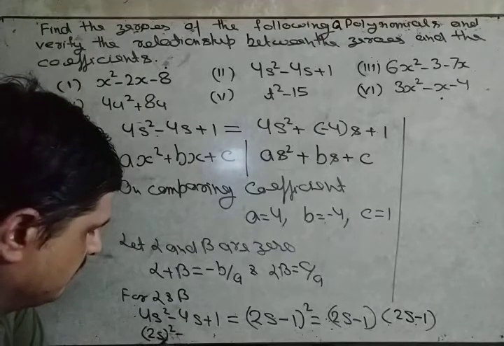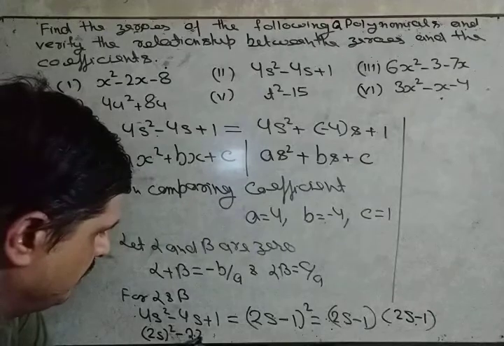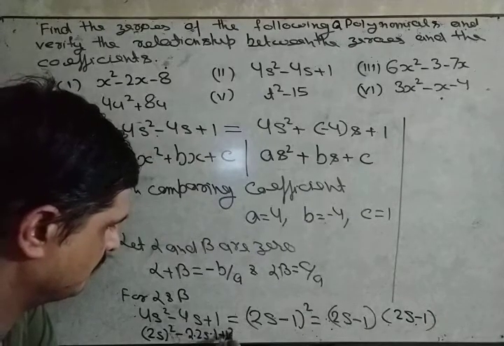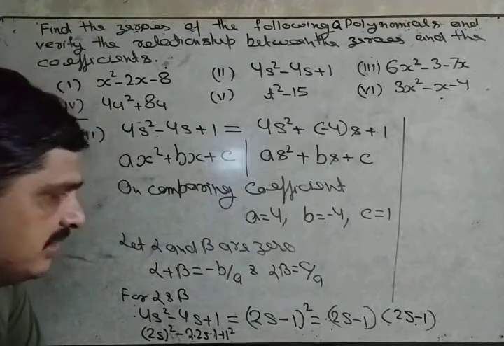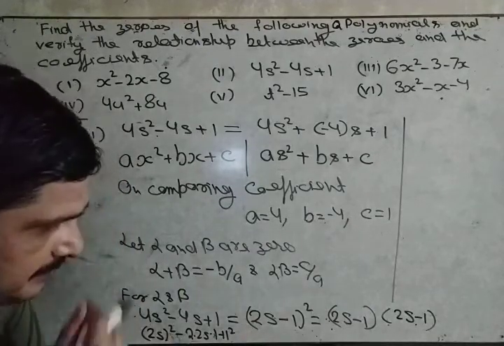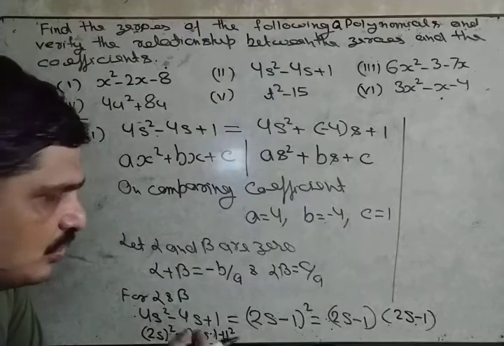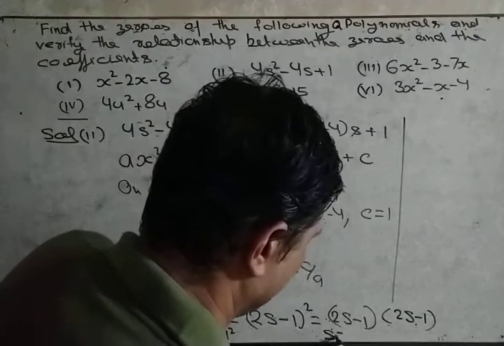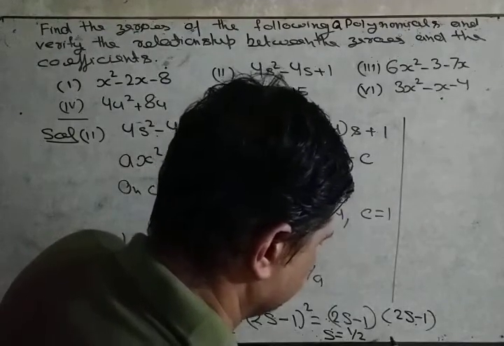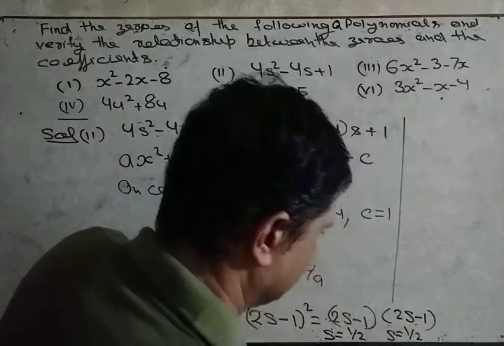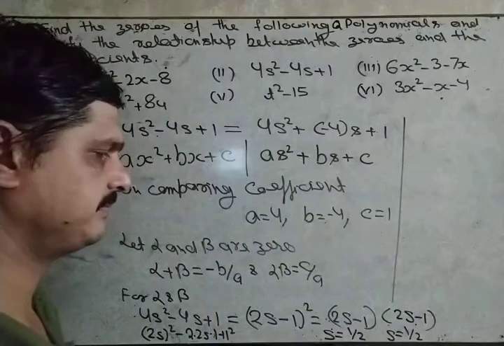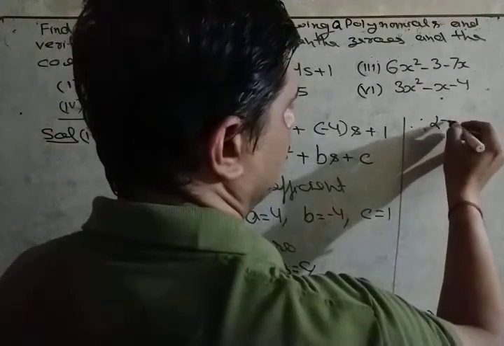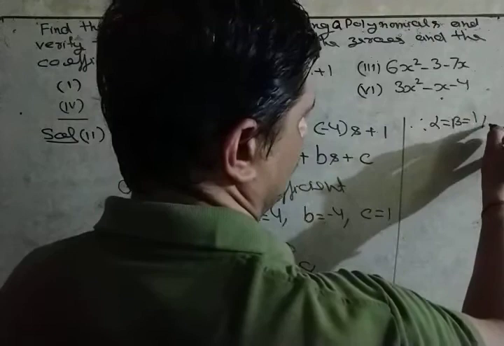A square minus 2 into 2s into 1 plus 1 square. So this can be written as this. So what are the roots? Roots are s equal to 1 by 2, s equal to 1 by 2. Roots are same. It means therefore alpha beta is equal to 1 by 2.